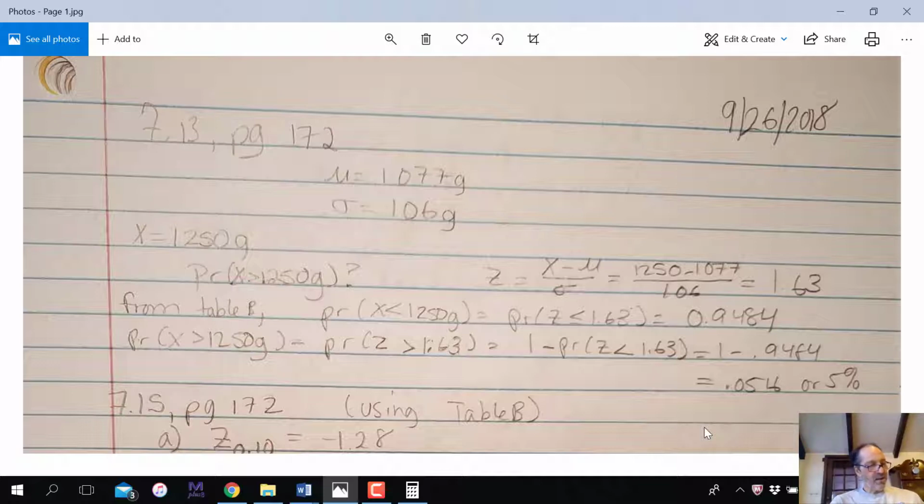So I find the fourth column, and where the row labeled negative 1.4 and the column labeled 0.02 intersect, they intersect at 0.0778. So that would tell me that 8% of the population values are at or below minus 1.42.